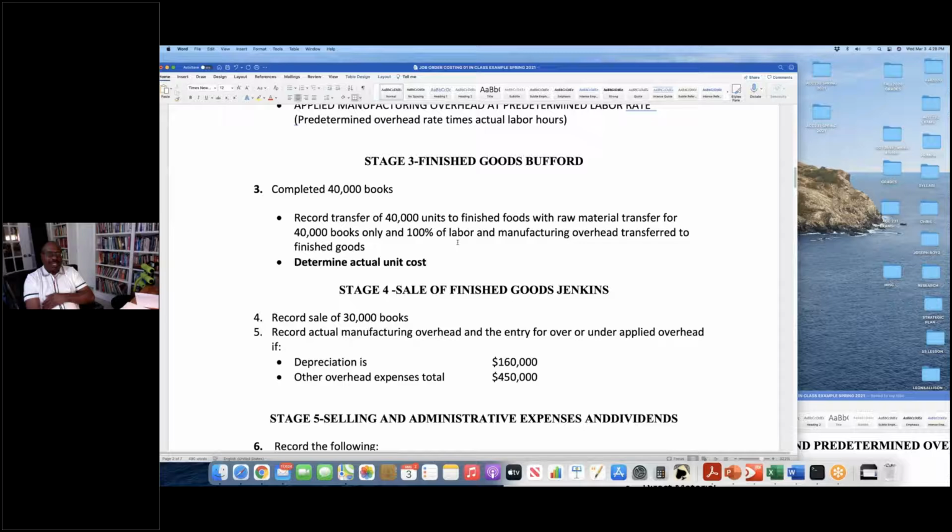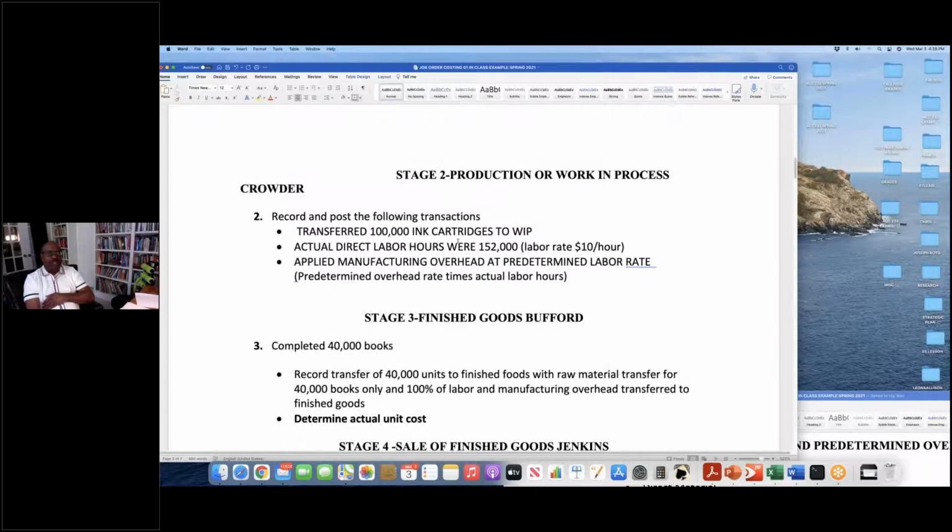Correct. We have 3 journal entries, right, Crowder? We transferred in 100,000 ink cartridges. Actual direct labor hours were 152,000. And we applied manufacturing overhead at the predetermined overhead rate.